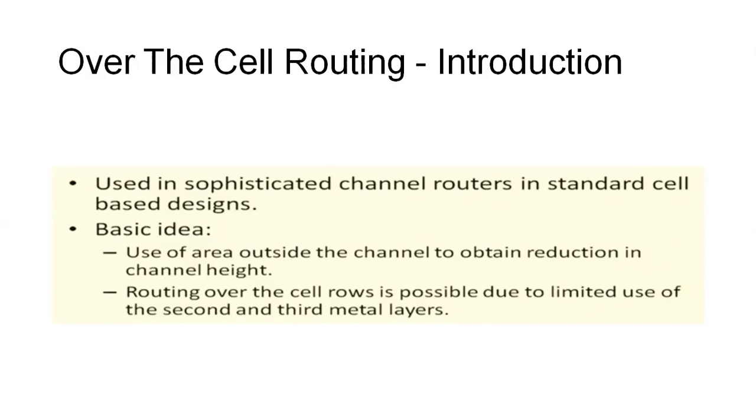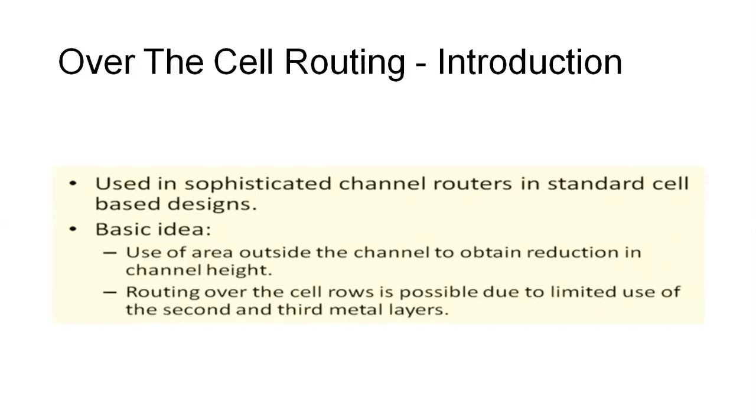We are not going to use any additional layers. So the use of area outside the channel obtains a reduction in channel height; routing over the cell rows is possible due to limited use of second and third metal layers.